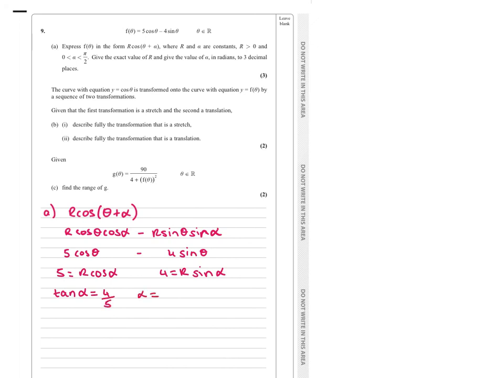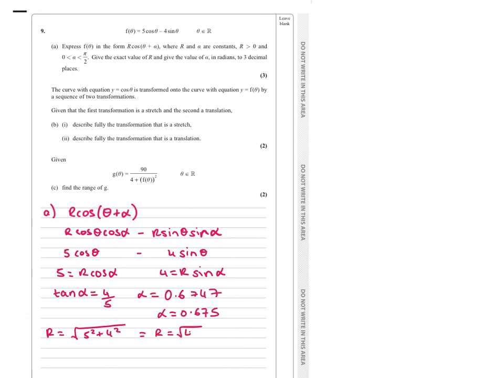So alpha equals, and we've got to have our calculator in radians, shift tan 4 over 5, 0.6747. To 3 decimal places, alpha equals 0.675. To find r, we're going to do the square root of 5 squared plus 4 squared, which is 25 plus 16.